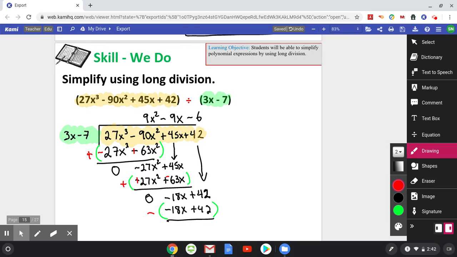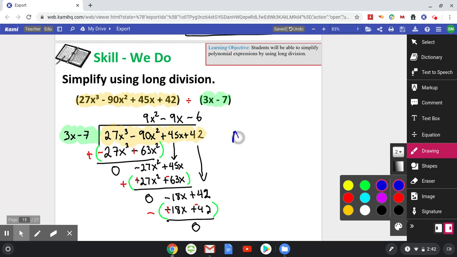Negative outside changes the sign of everything inside. They all cancel out and we get 0. And our answer is 9x squared minus 9x minus 6.